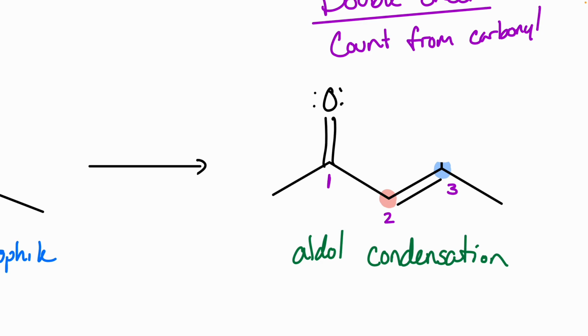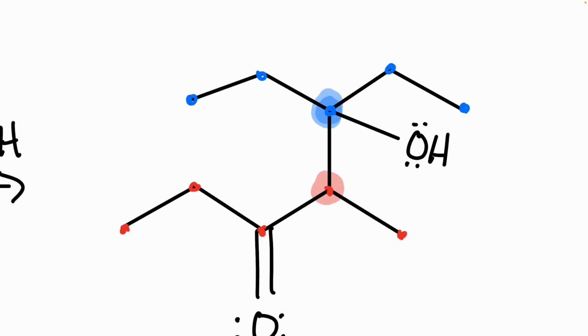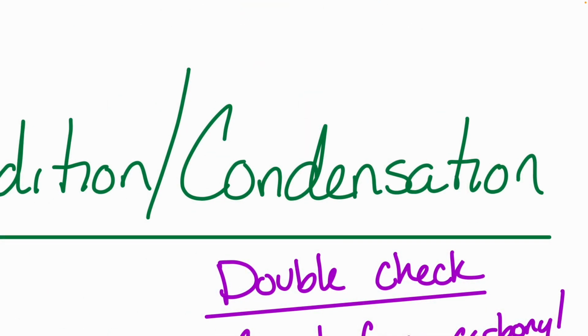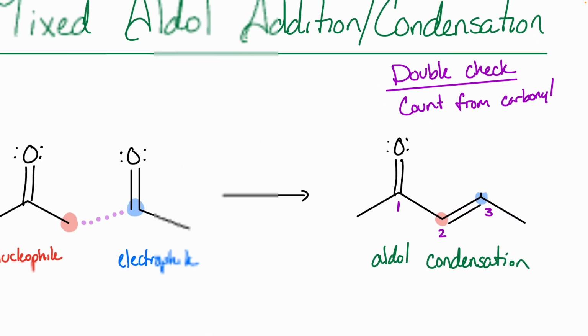If we want to go back up to our previous example, we can convince ourselves that if we start counting at that carbonyl carbon towards the other one, 1, 2, 3, where is that new bond? Again, between carbons 2 and 3, okay? So just a little quick double check, because I know our products are big and ugly here.